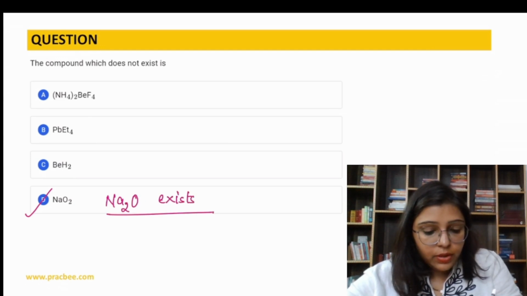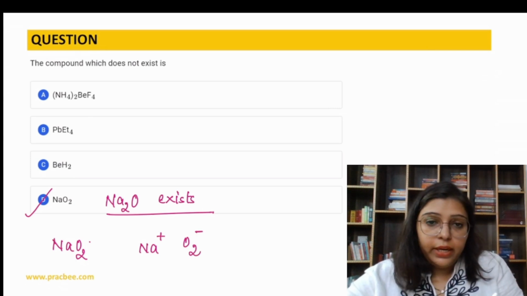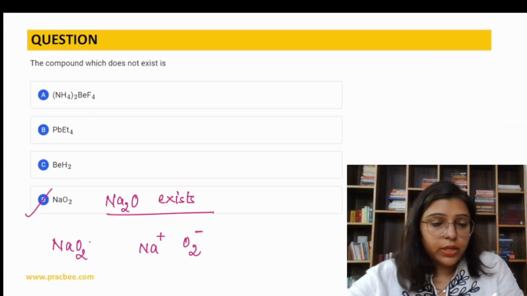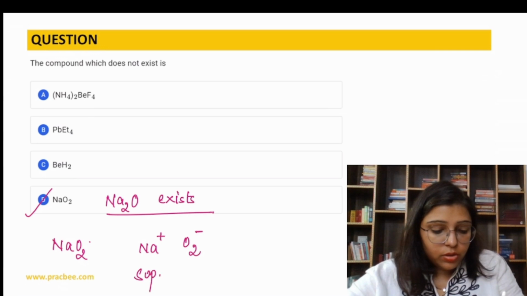But NaO2 does not exist. NaO2 means Na plus and O2 minus, right? So O2 minus is superoxide. So the superoxide NaO2 does not exist.